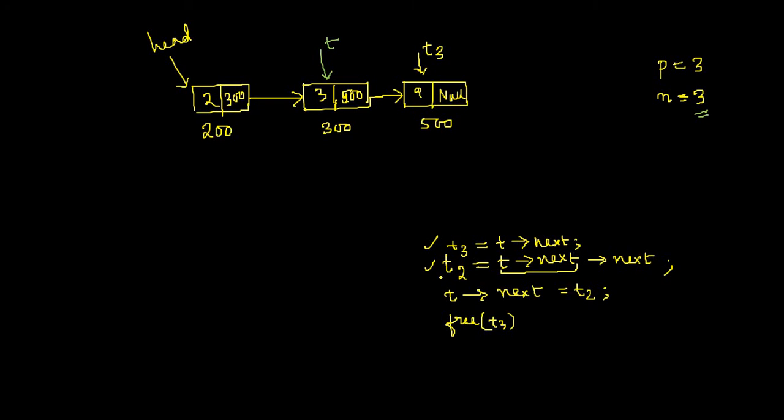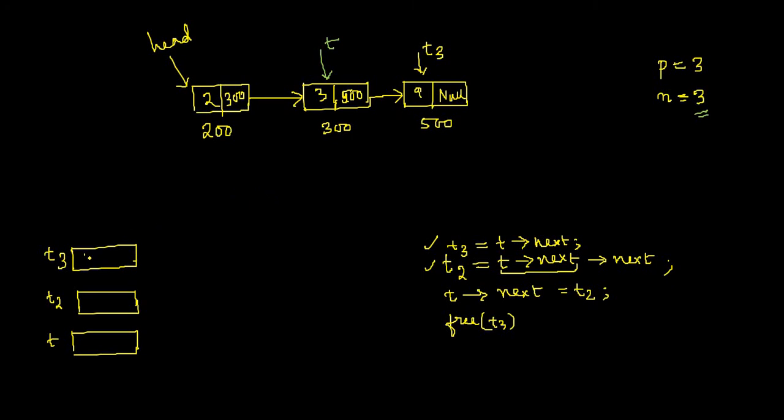So that means after executing this second line, if I keep on tracking what will be the content of different temporary variables, the content of T3 will become T next.